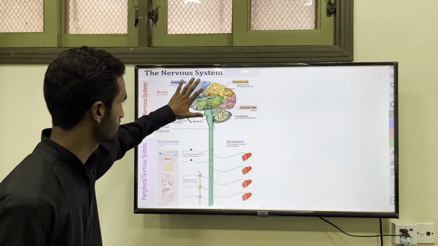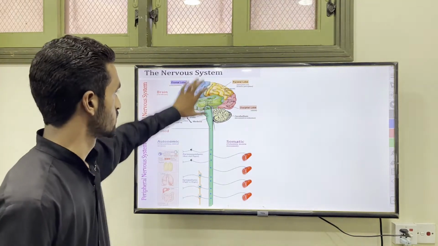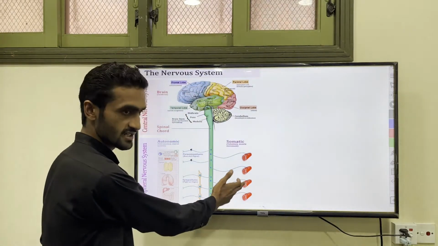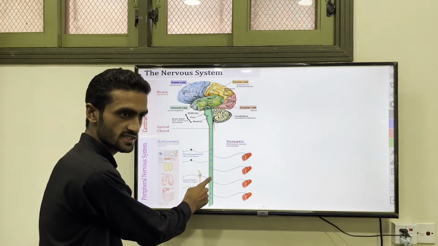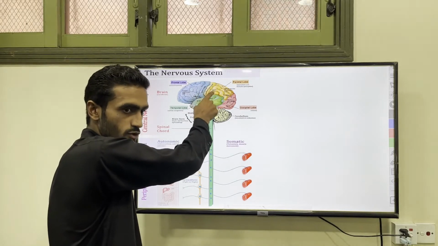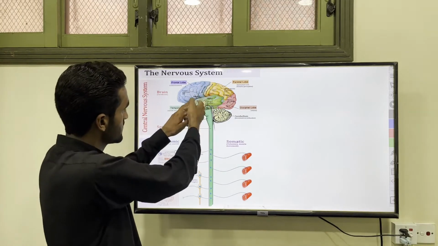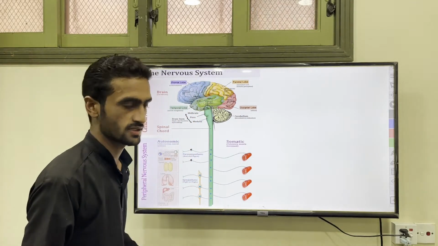Before this, what is this? This is brain, and this is spinal cord. Our sensation which is coming from the muscles enters into the CNS and then ascends to the brain, the cerebral cortex, different areas you can see, speech, smell, according to the type of sensation.